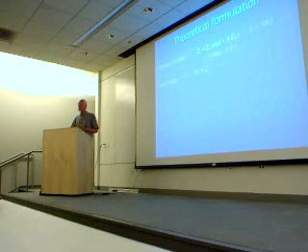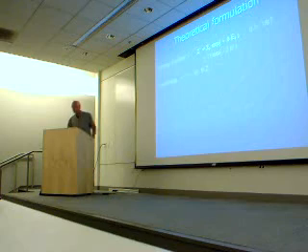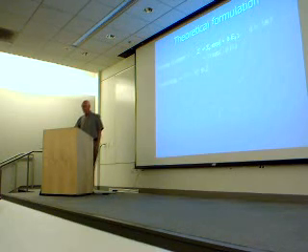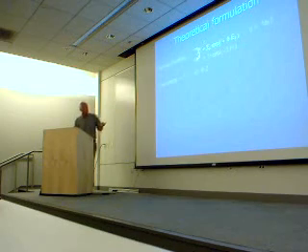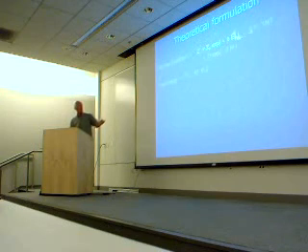Okay, so the theoretical formulation is a partition function, and the free energy is the log of the partition function. So the partition function is the sum of all the states of the system weighted by the Boltzmann factor.